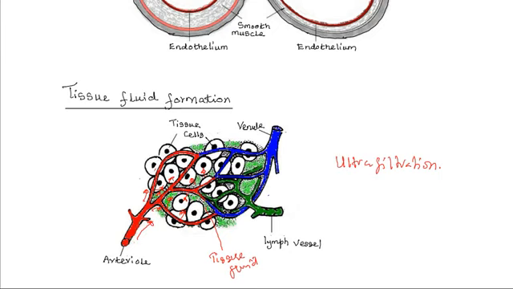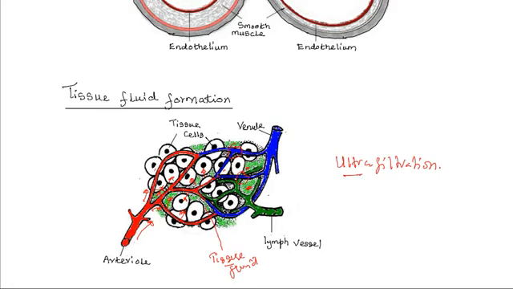Now, as a result of the ultrafiltration, there's a drop in the pressure of the blood that remains in the capillaries, such that at this end, the venule end of the capillary bed, the blood pressure is less than that of the tissue fluid, because as the continuous ultrafiltration process takes place and more tissue fluid is formed, the pressure within the tissue fluid will be higher than the reduced pressure at the venule end.